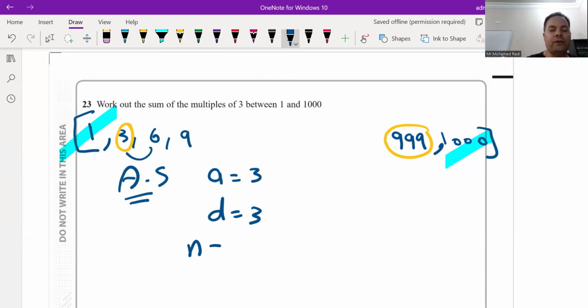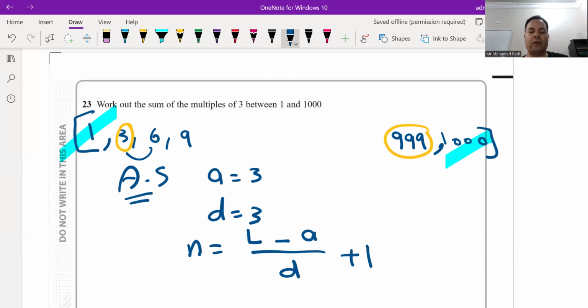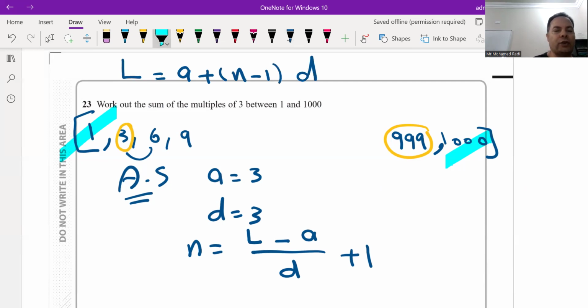The number of terms will be the last term minus the first, divided by the difference, plus 1. This formula comes from the nth term, a plus n minus 1 times d, making n the subject. You get n equals L minus a divided by d, plus 1.